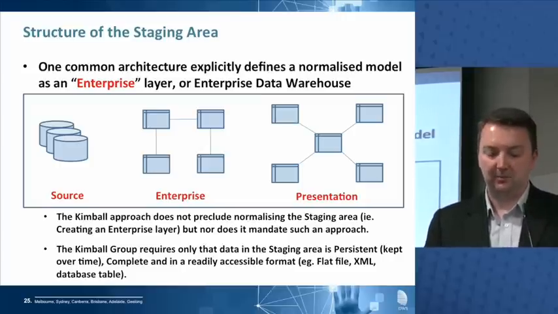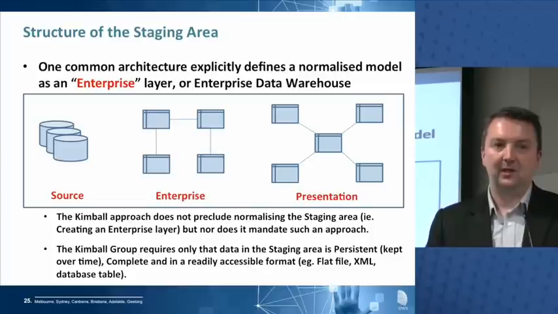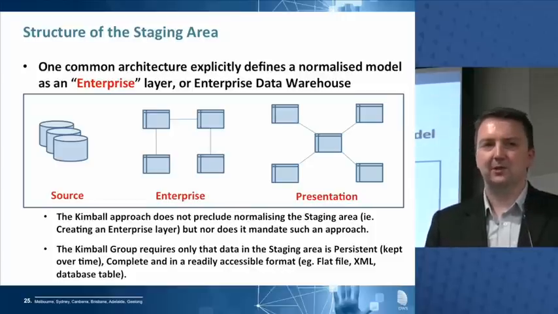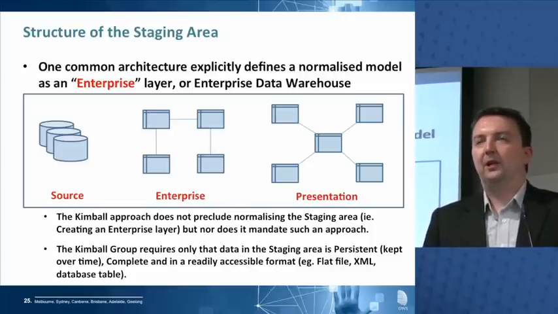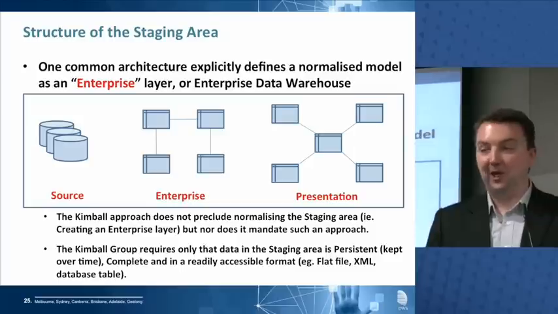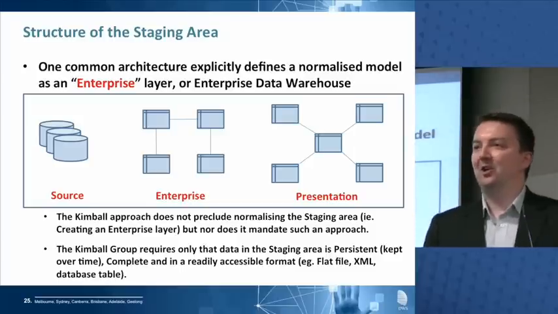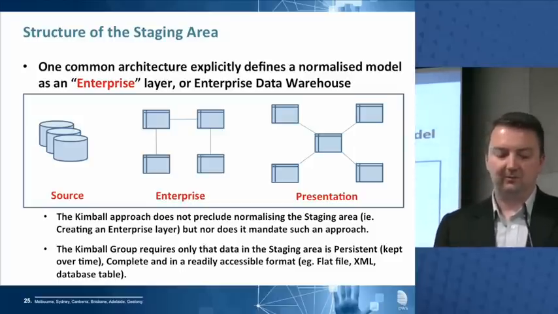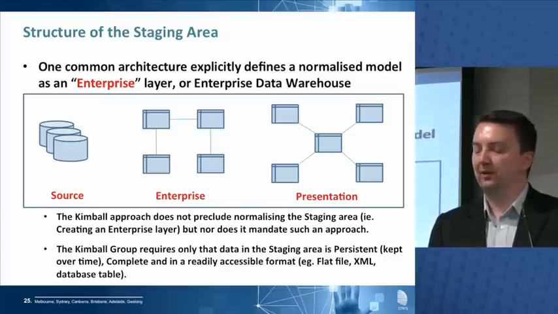Keep a persistent source, keep it accessible. And one of the lessons there is what he defines as inaccessible sources, such as COBOL copybooks. Look, it might be accessible to COBOL, but not readily accessible to the average ETL tool out there on the market.